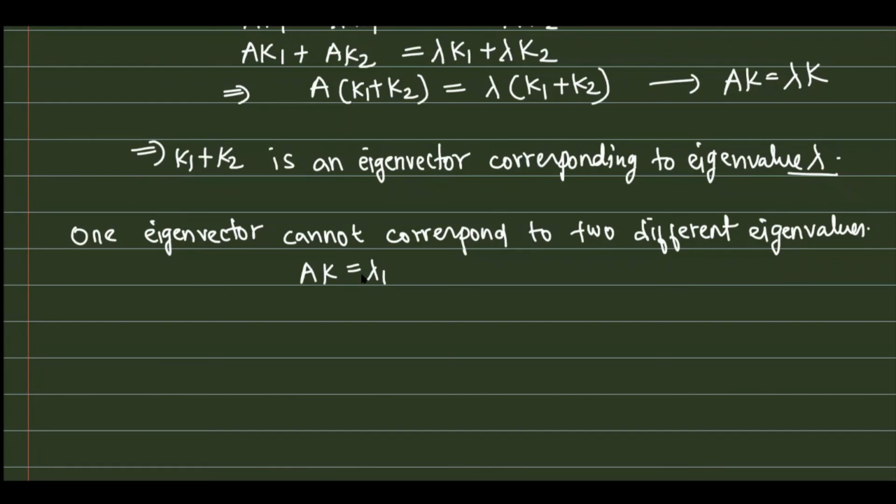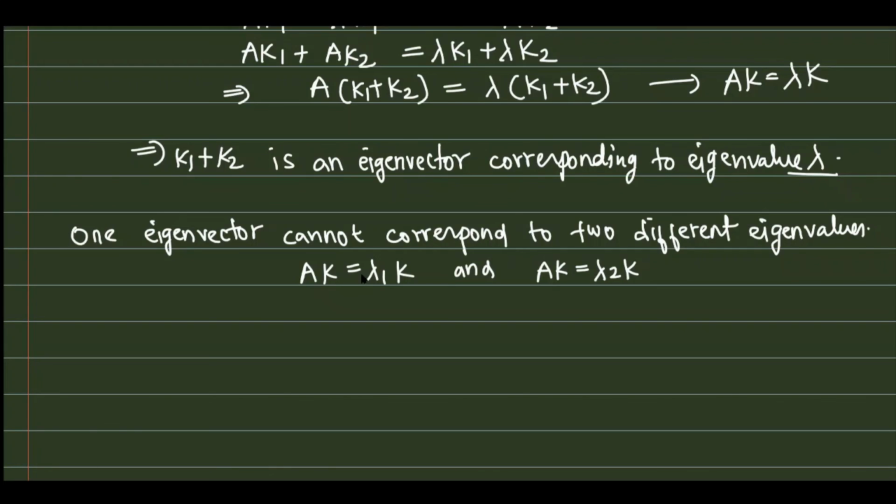So suppose we have Ak equal to lambda1 k and Ak is equal to lambda2 k. That is, k is the eigenvector corresponding to the eigenvalue lambda1 and k is the eigenvector corresponding to the eigenvalue lambda2. Now this is not possible.